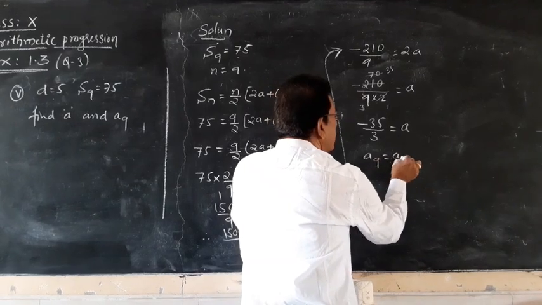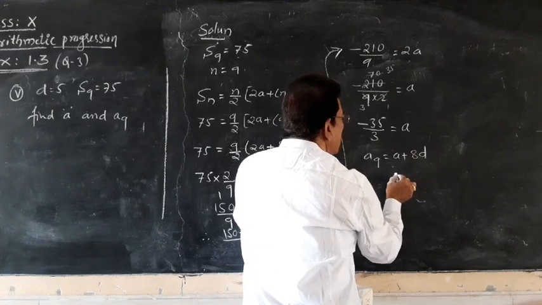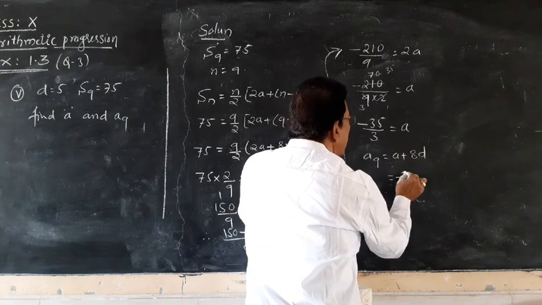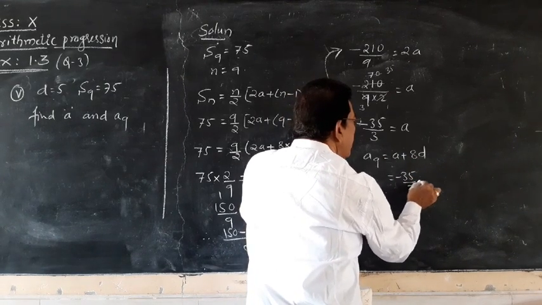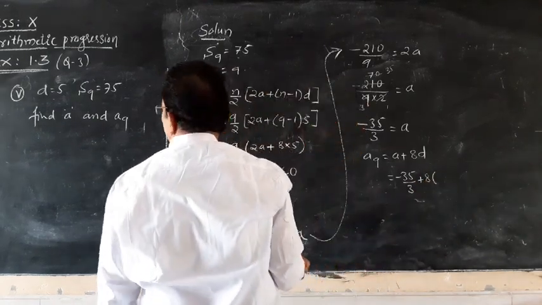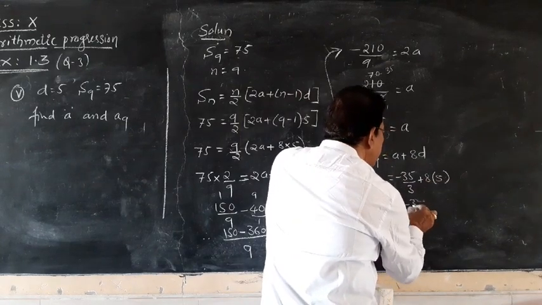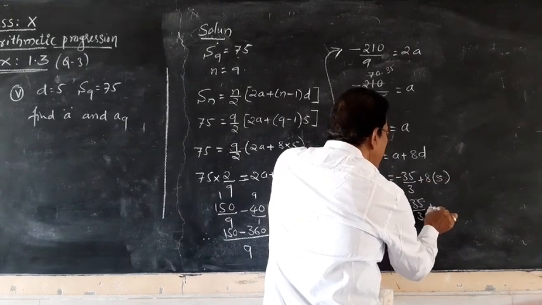Then a9 equals a plus 8d. a is minus 35 by 3 plus 8 into d, how much? 5. Minus 35 by 3 plus 40.